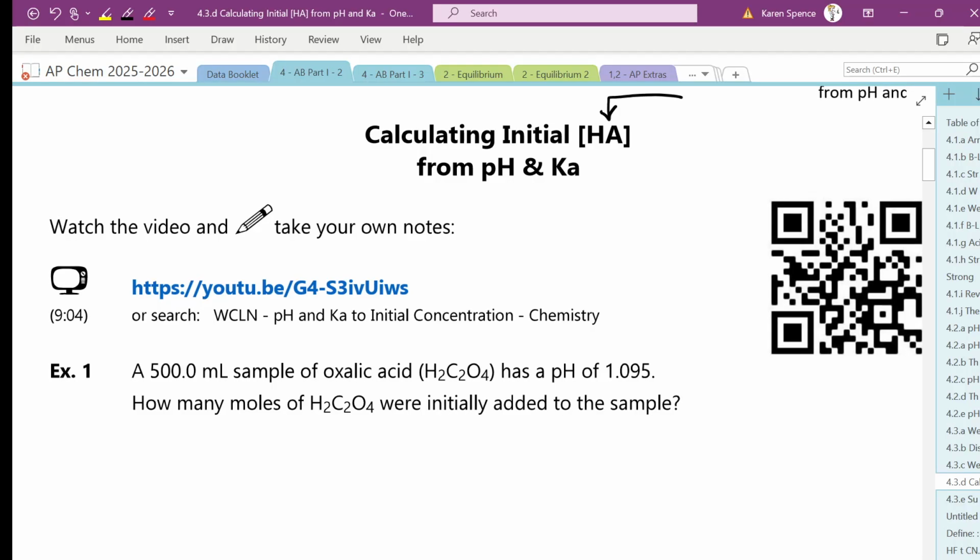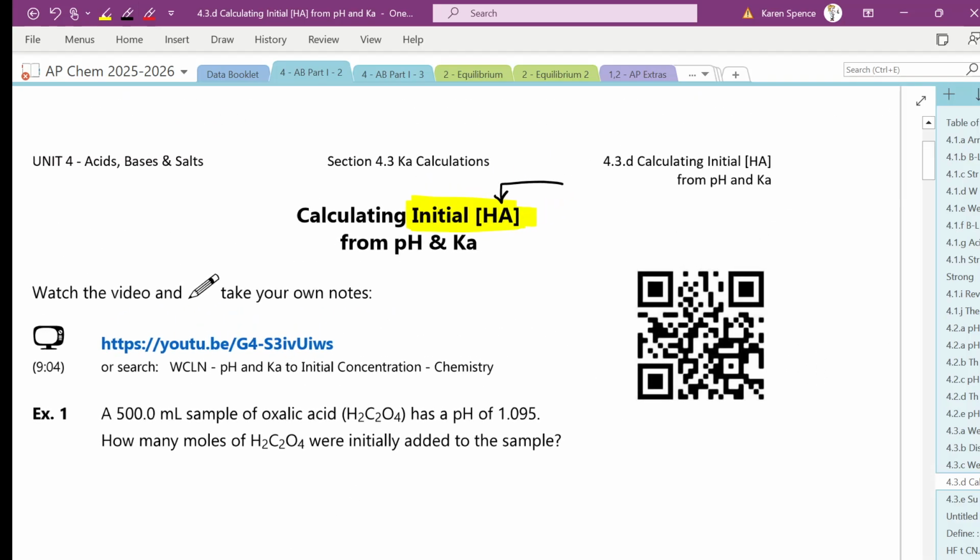So a question like this might read something like, what was the concentration of the acid?